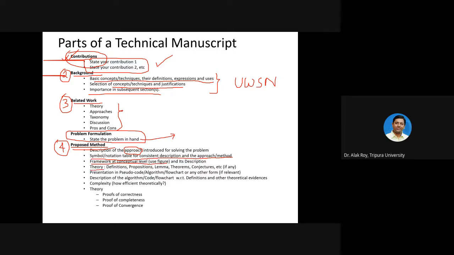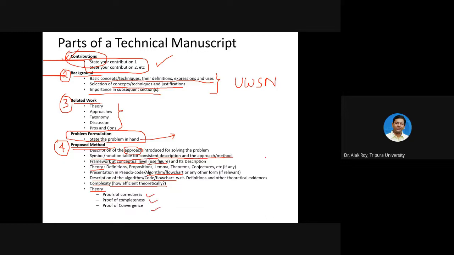Define the theories with their definition, proposition, lemma, theorem, and presentation of pseudocode or algorithm flowchart will be covered here. Description of the algorithm flowchart will be covered. Sometimes complexity analysis will be covered, and sometimes if you have given some theory, their proof will be covered.